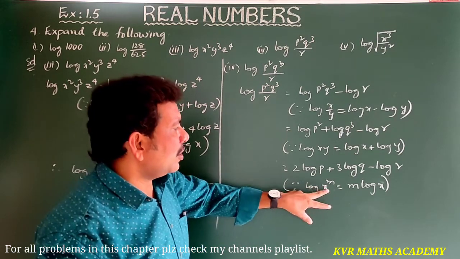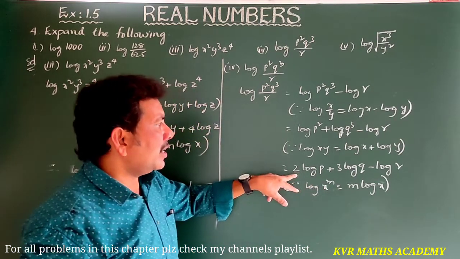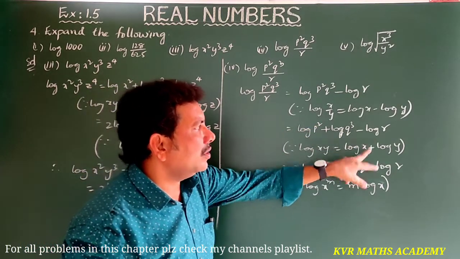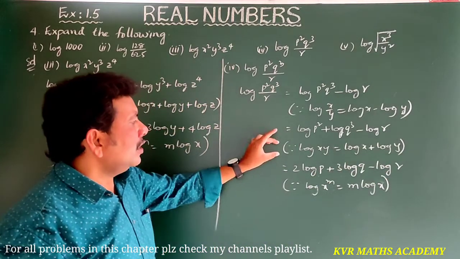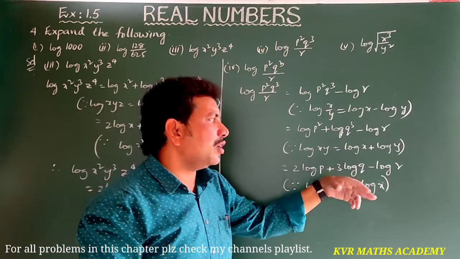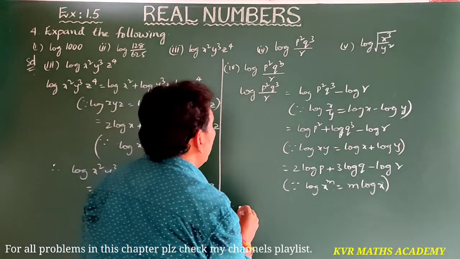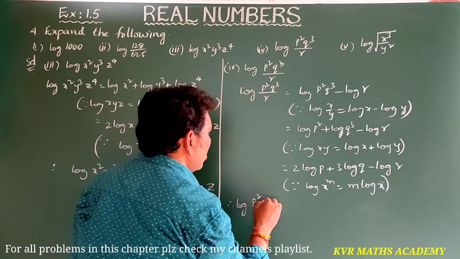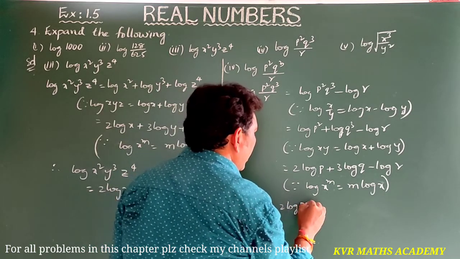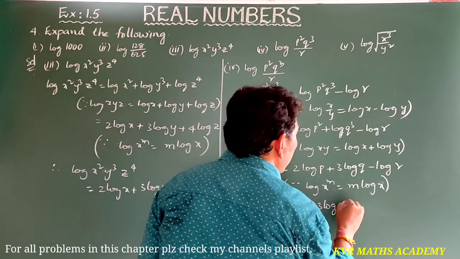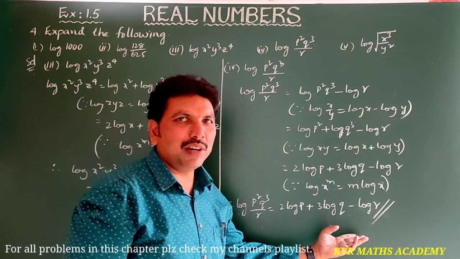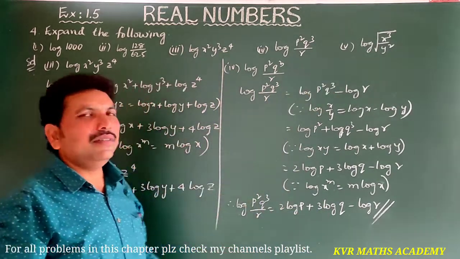So the expanded form of log p square q cube by r is equal to 2 log p plus 3 log q minus log r. Have you understood clearly? Let's note it down. I will explain that also.